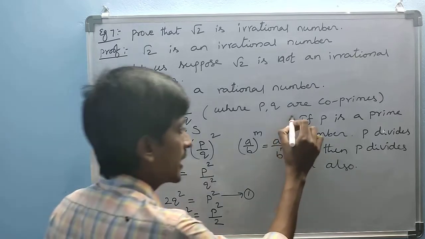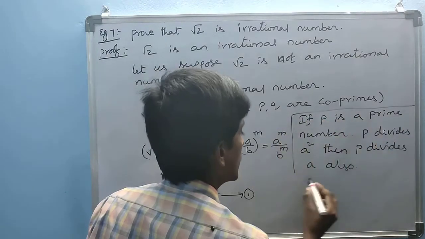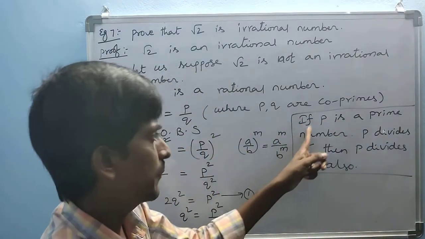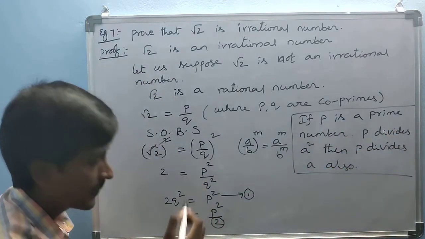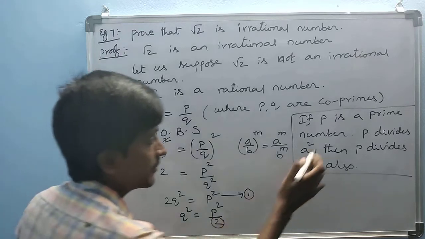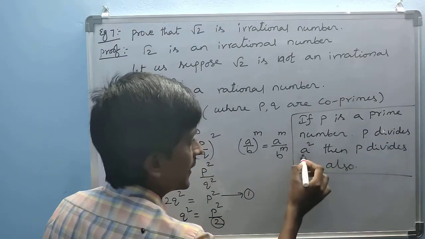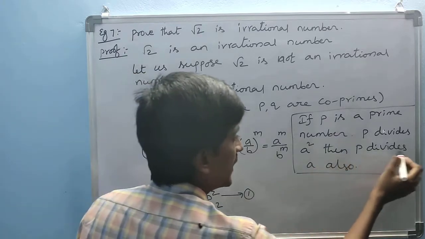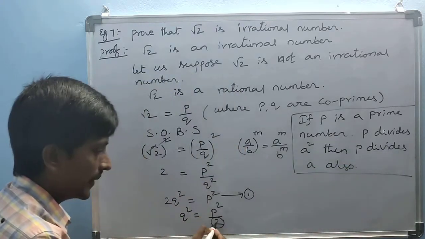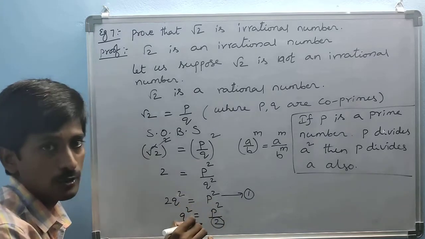This is theorem number 1.6. Here 2 is a prime number, and if p divides a square, then p divides a also.